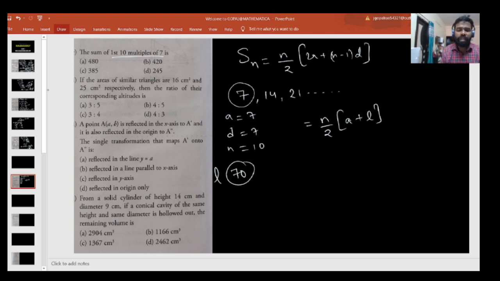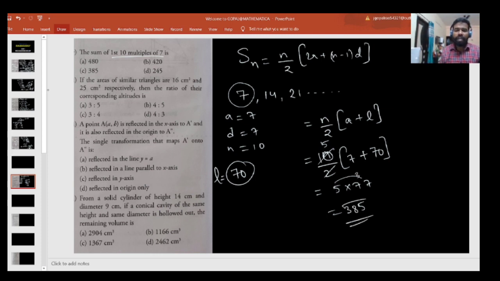The last term is 70, so we'll use this to solve quickly. n by 2, that is 10 by 2, and a, that is 7, plus the last term, 70. So this is 5 into 77. 7 5s are 35, and 3 carries, 7 5s are 35, 38. So 385 is the option for us, that is option C.